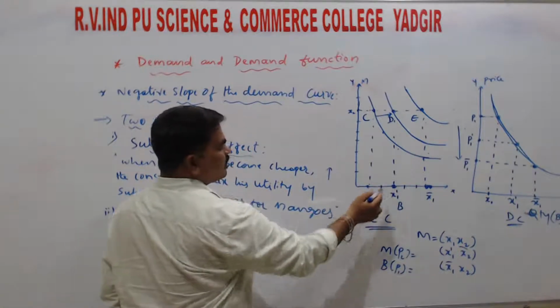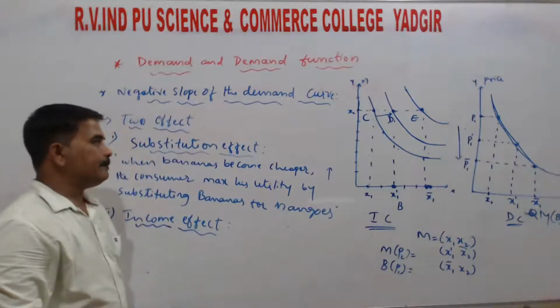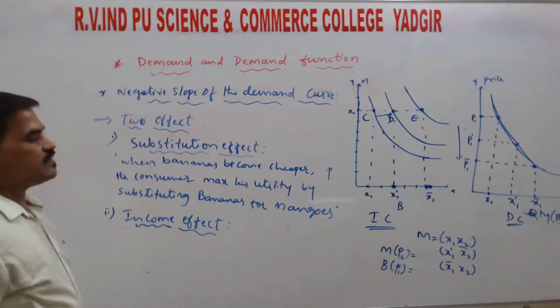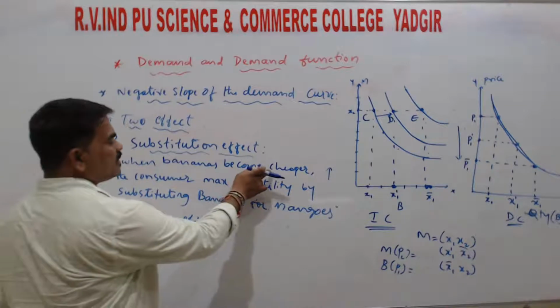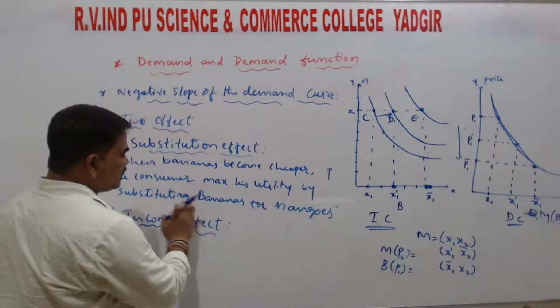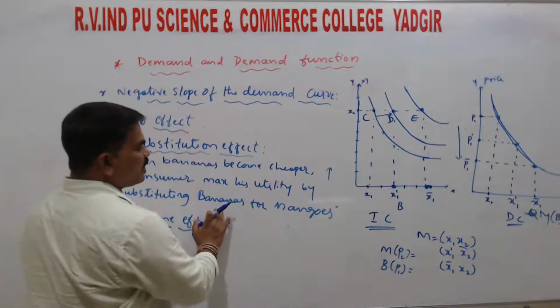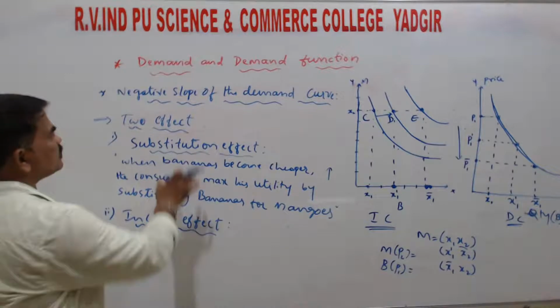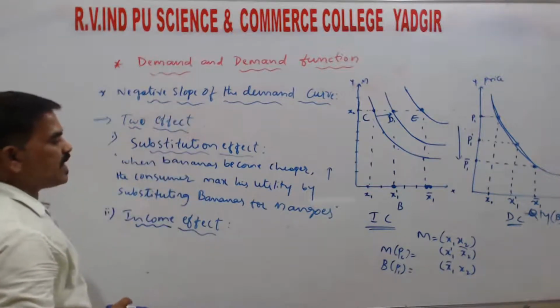From here to here, he is increasing the quantity of banana because of the reduction in the price of banana, because the banana became cheaper. When he is substituting bananas like this, we call it the substitution effect, because of this negative slope of the demand curve.